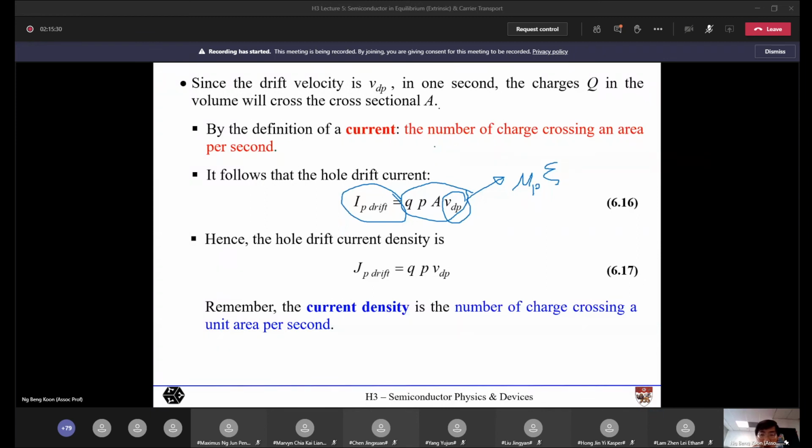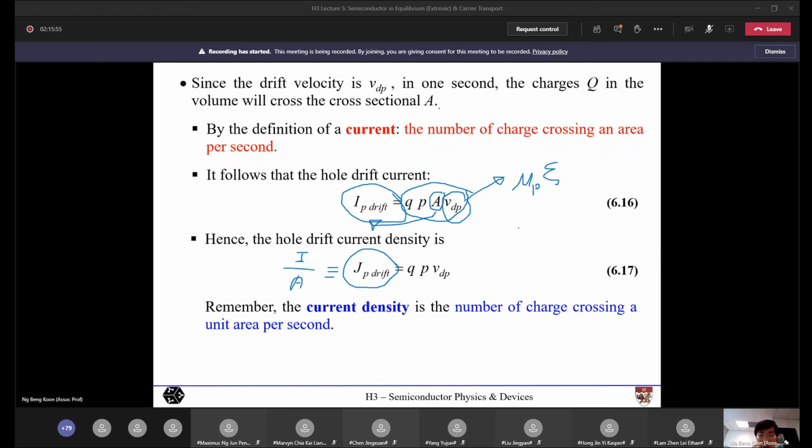At the same time, this cross-sectional area is just some arbitrary cross-sectional area. If you don't know it, it doesn't matter. We can bring the area to the left-hand side so that we get the drift current density quantity. This drift current density is just the current divided by the area, how much current is flowing per unit area.